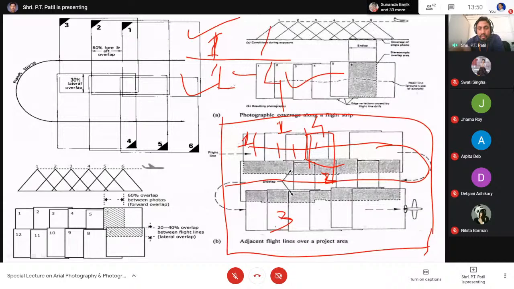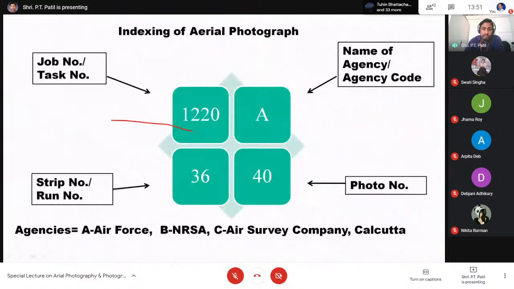And here again, one alphabet was given, and that alphabet explains which agency took that aerial photograph. Three important agencies are there: Air Force, NRAC, and Air Survey Company, Calcutta. They took the aerial photographs, and on the basis of the agency, we index that particular aerial photograph.